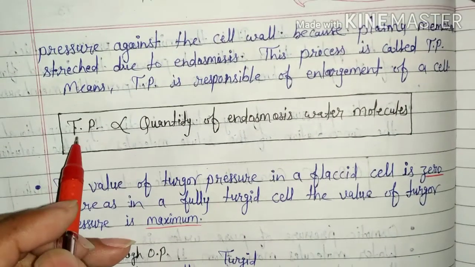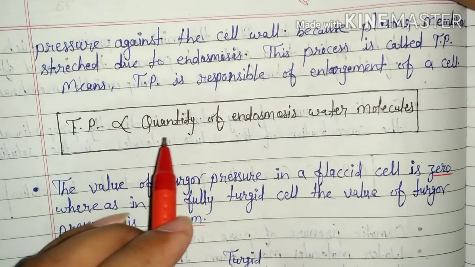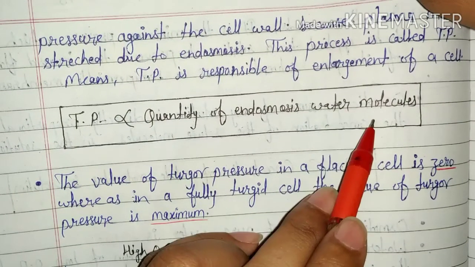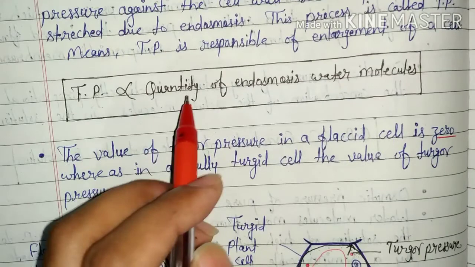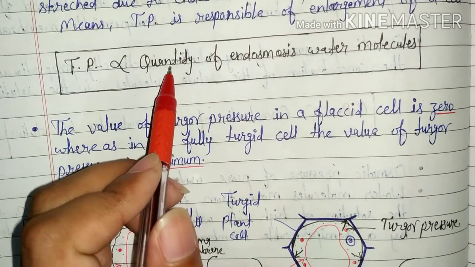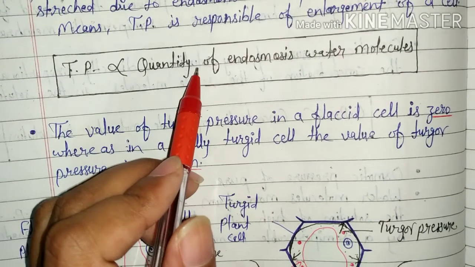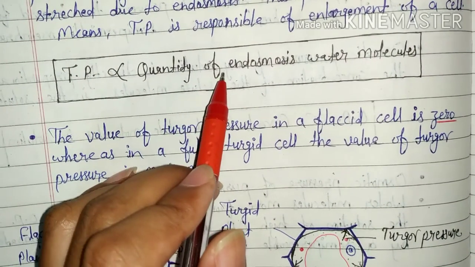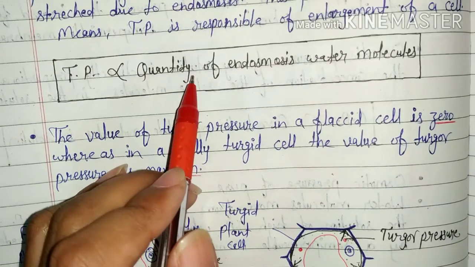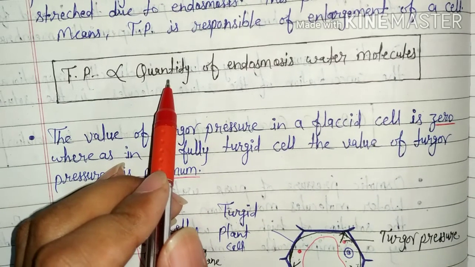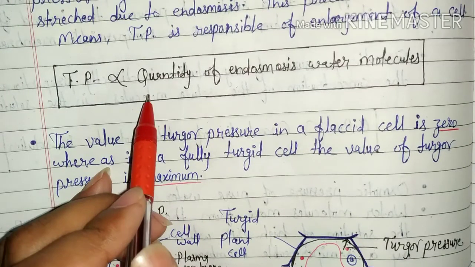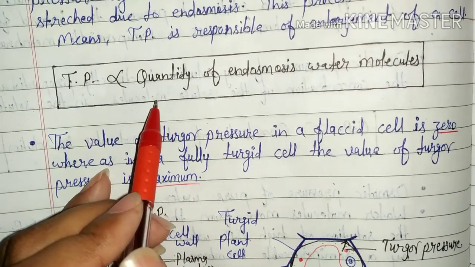Relationship: turgor pressure is directly proportional to the quantity of endoosmosis water molecules. It means the amount of water molecules which have entered into the cell, because the solution of the cell is hypertonic and the outer medium solution is hypotonic.